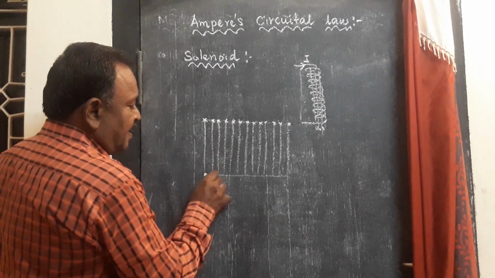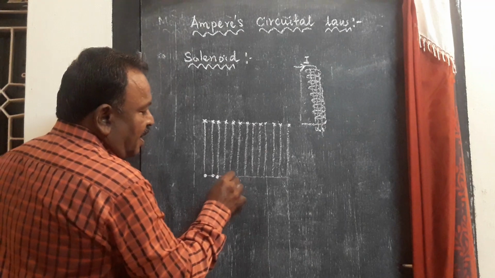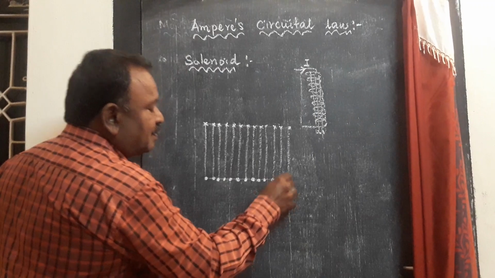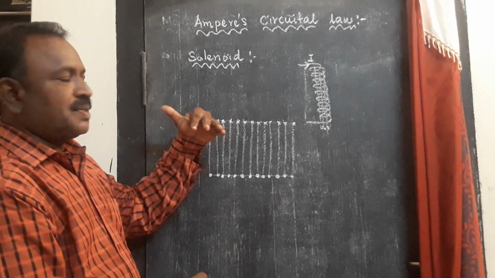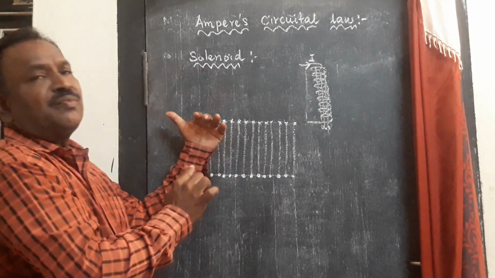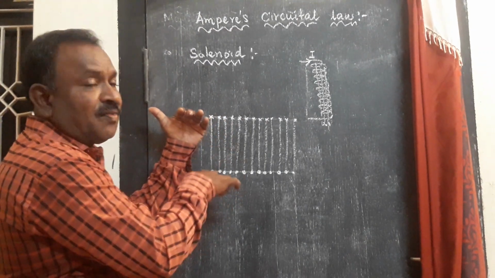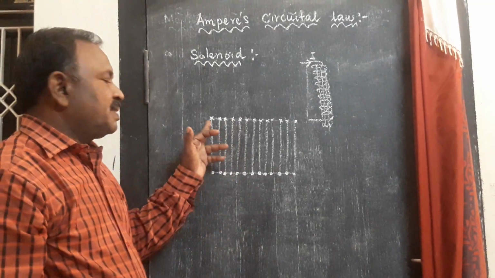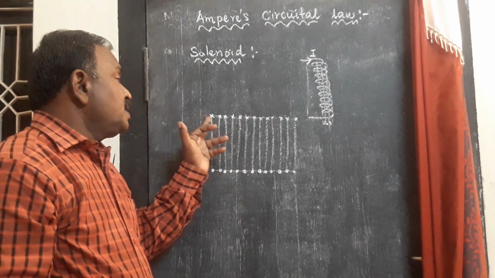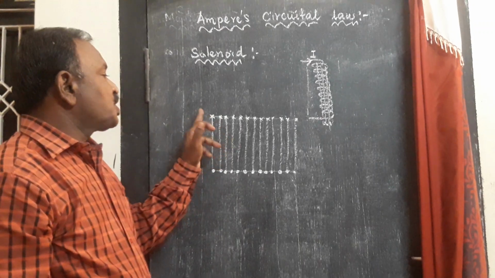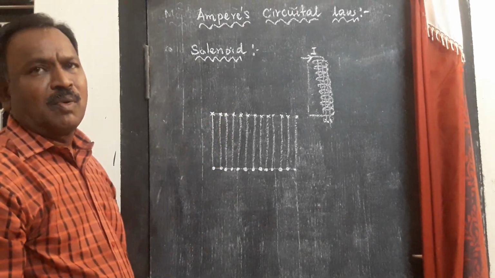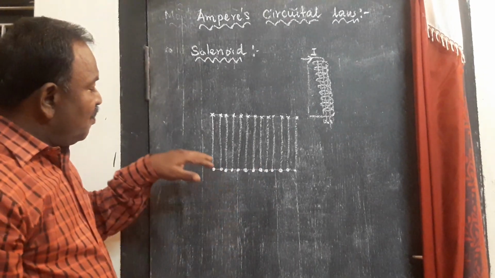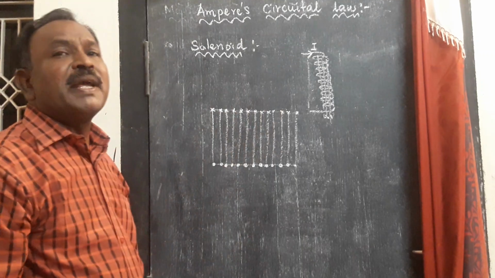And here the current is flowing inwards perpendicular to the plane of the blackboard. So when the current comes outwards, here the current will flow inwards. So the cross mark represents current flowing outwards perpendicular to the plane of the blackboard, and the dotted marks represent current flowing inwards perpendicular to the plane of the blackboard.